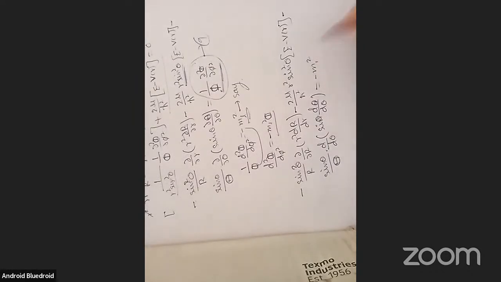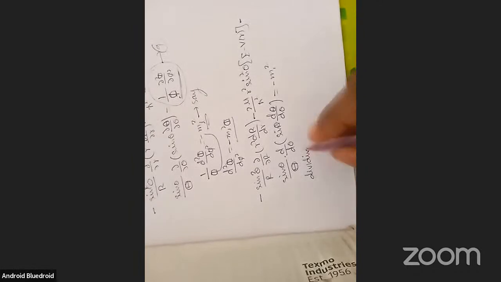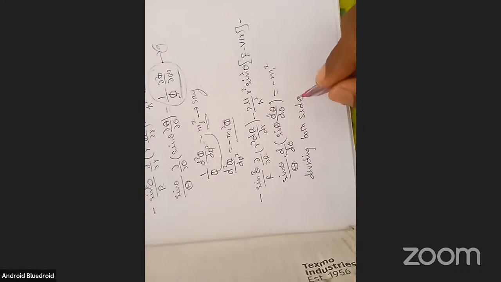Minus m square. Okay. So dividing both sides by sin square theta, we obtain the following.